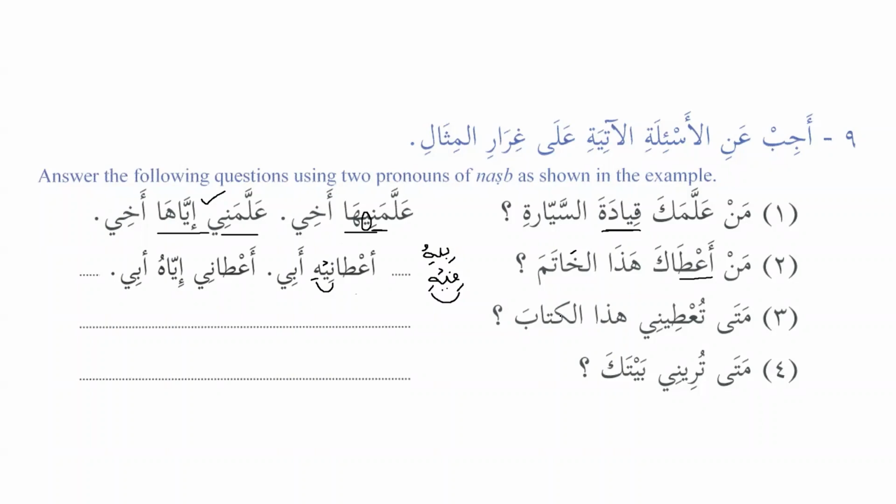Okay. متى تعطيني هذا الكتاب? When will you give this book to me? I will give it to you, let's say tomorrow. سأعطي, أعطى يعطي. سأعطيك هو.